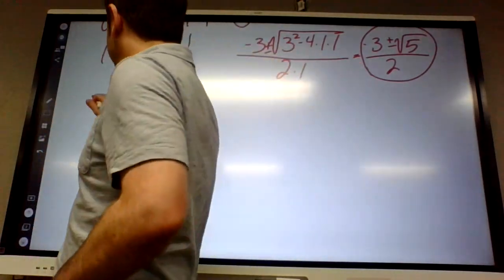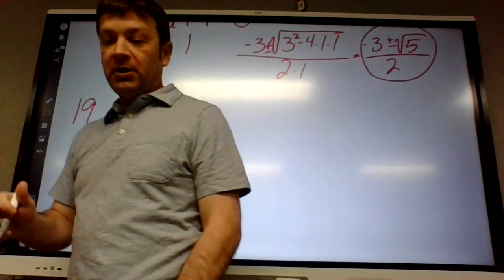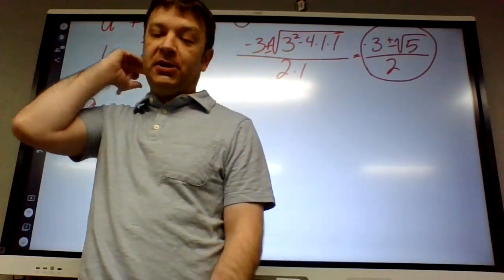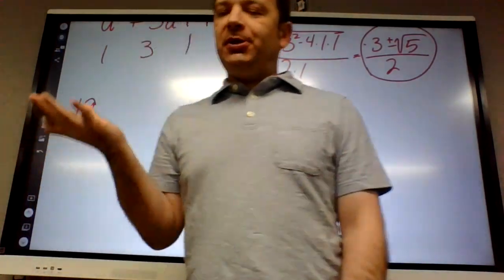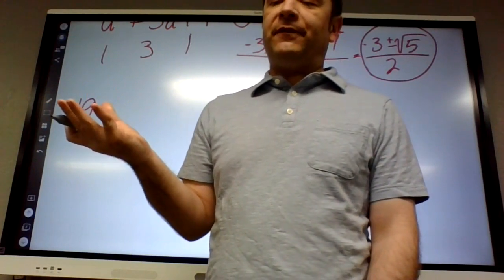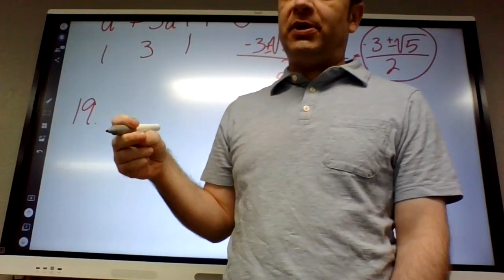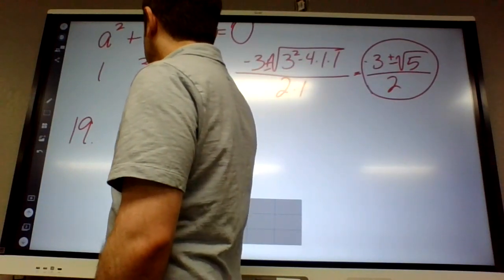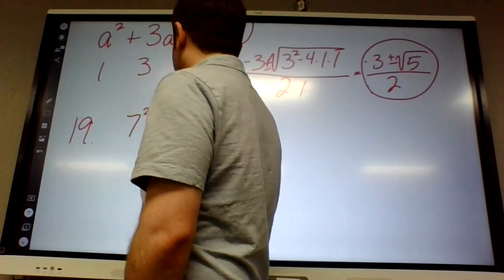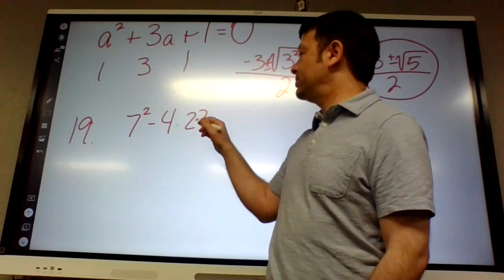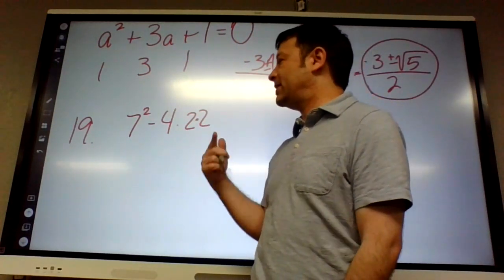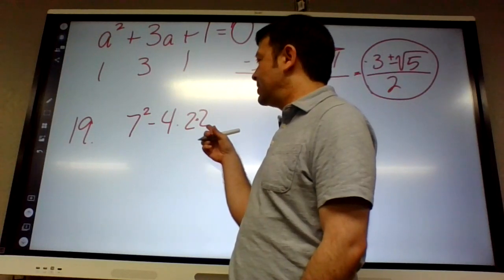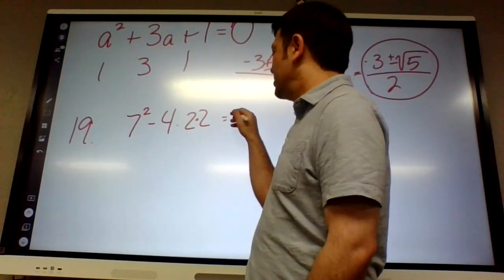Number 19, last one. Does that factor? It might not be immediately obvious. They wanted you to use the quadratic formula to see if it factored. If I did 7 squared minus 4 times 2 times 2, the discriminant, does it come out as factorable? 49 minus 16 is 33.